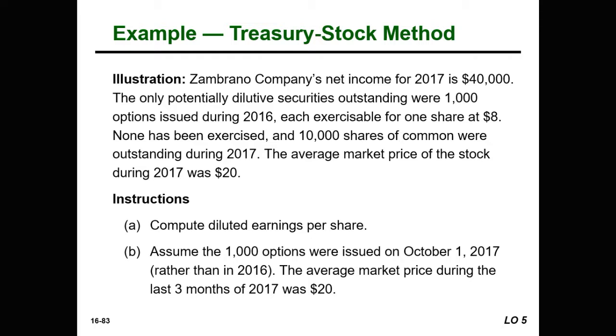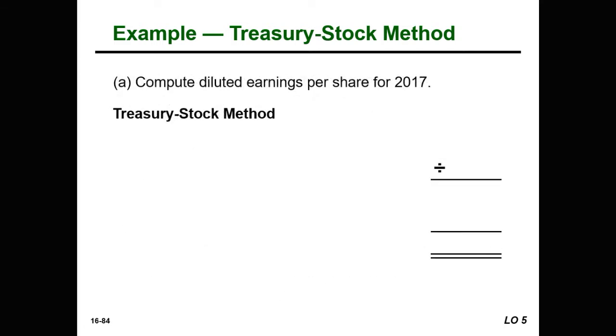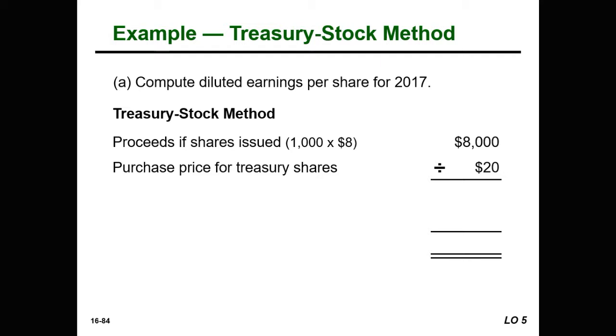So with the treasury stock method, we start with the proceeds if the shares were issued. Now that was 1,000 shares, and they had an $8 attachment to them. So that's $8,000. If that was used to invest for treasury shares, we divide that by 20 because that's the current market value, meaning that we would have purchased 400 shares.